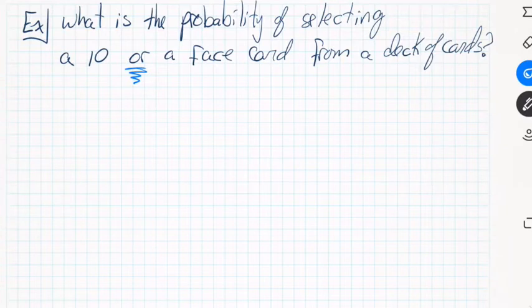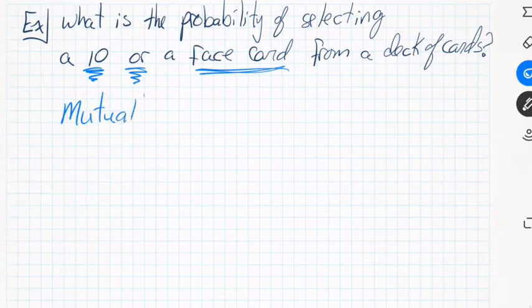In this situation, we're still picking one card out of a deck of cards, but we're interested in whether the card is a 10 or if it's a face card. A 10 and a face card are two distinct possibilities. When we talk about these two distinct possibilities, we call them mutually exclusive.